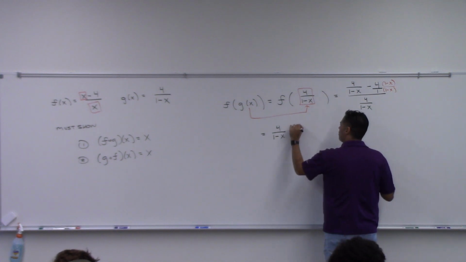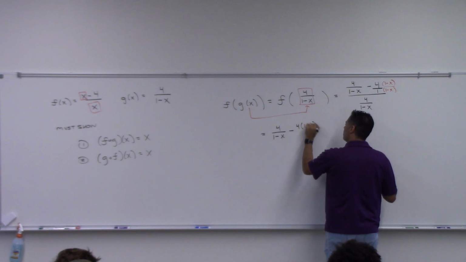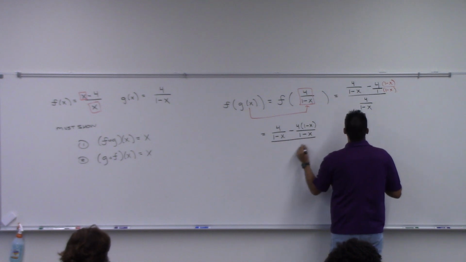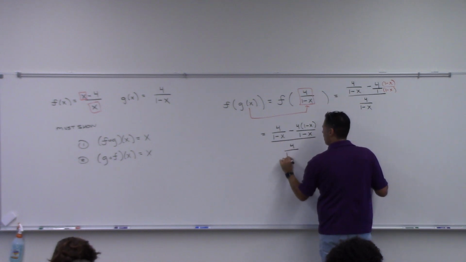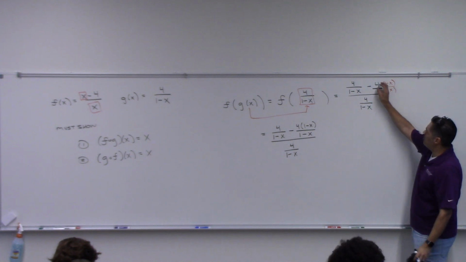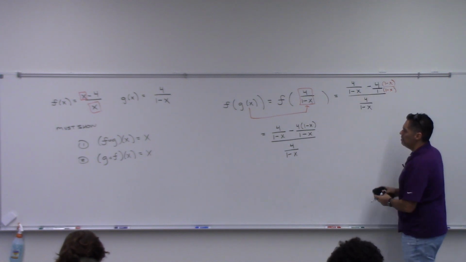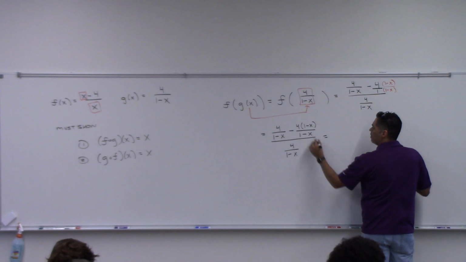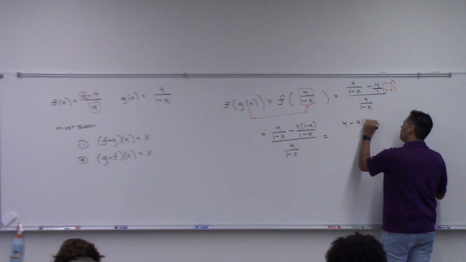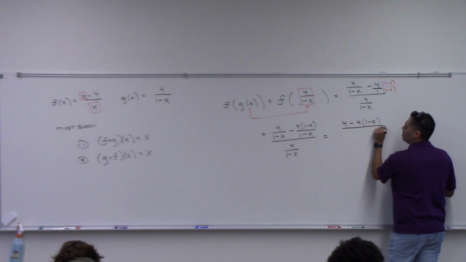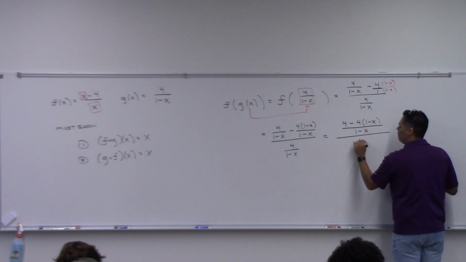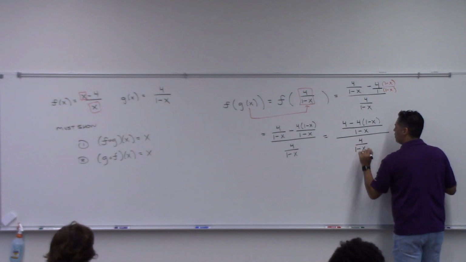Let me just rewrite it first. 4 times 1 minus x over 1 minus x, and then 4 over 1 minus x. All I did there was just put those together into one fraction. Now let me put them together. So this will become 4 minus 4 times 1 minus x over their common denominator, but then all of that over 4 over 1 minus x.